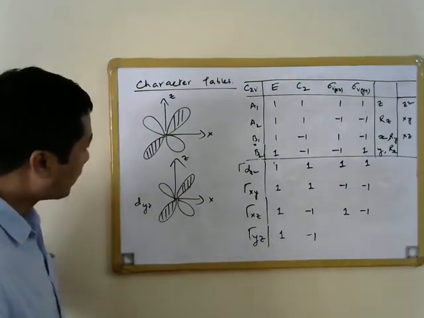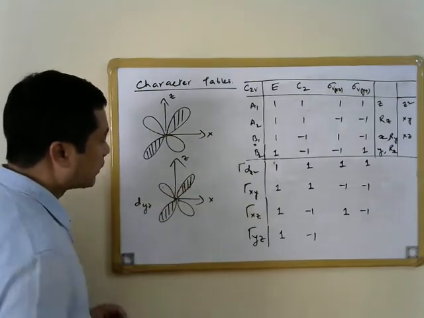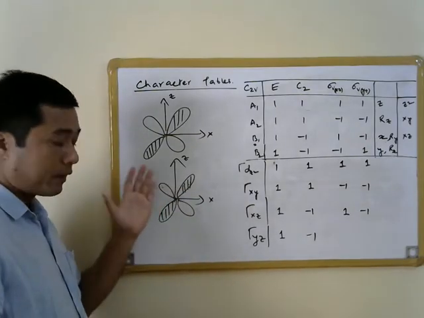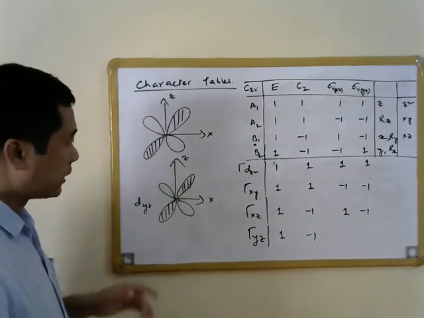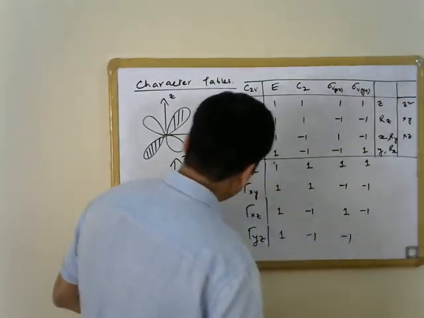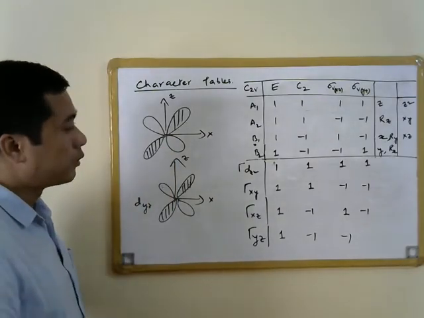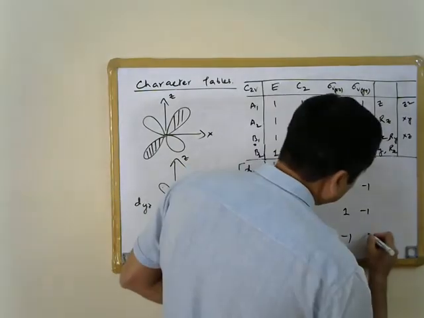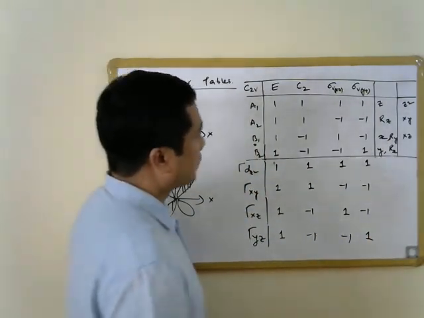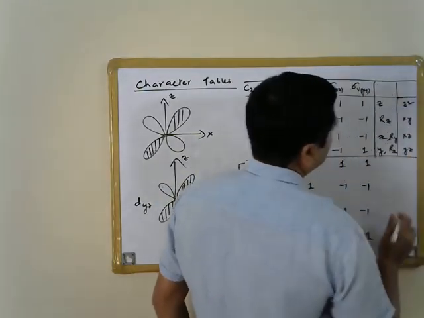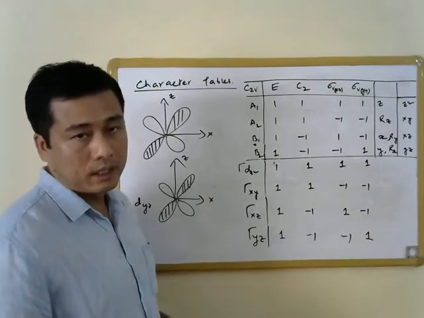And when we do sigma v xz, again this lobe is going to reach over here, this will reach over here, as we do reflection on a plane which is perpendicular to the plane containing the lobes, and that is why this is also going to be -1. But when we do sigma v yz, that is the plane containing the lobes of the yz orbital, this is going to be +1. So 1, -1, -1, 1. This is how the yz function transforms as the B2 irreducible representation.